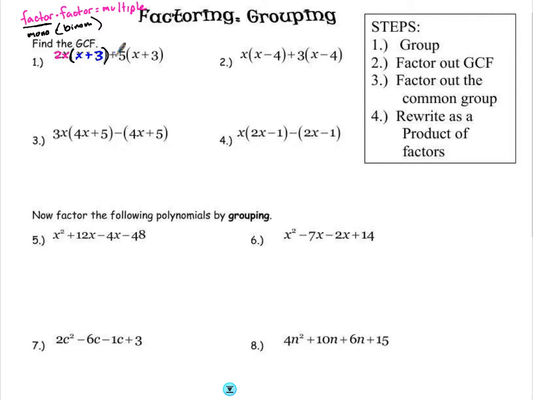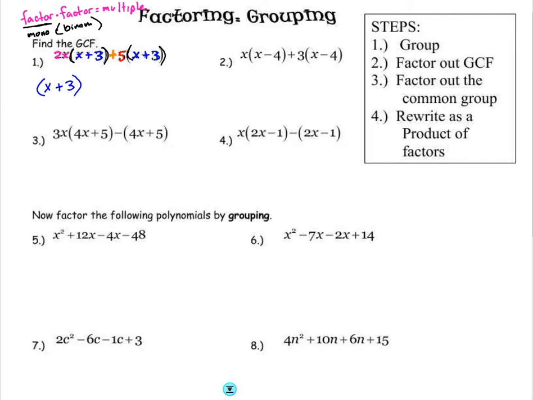The plus is what divides us into two different terms. Plus my next term, which is 5, a factor, times something that looks very familiar, the quantity x plus 3. Now, what factor do they have in common? The factor that they have in common is x plus 3.